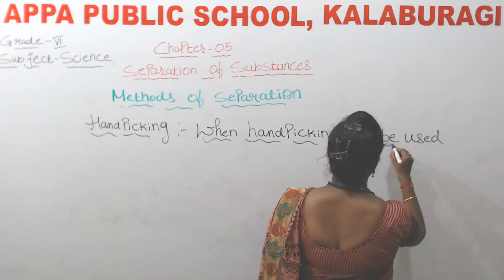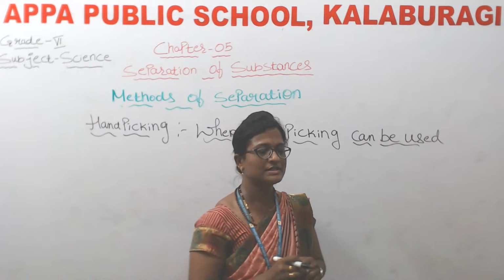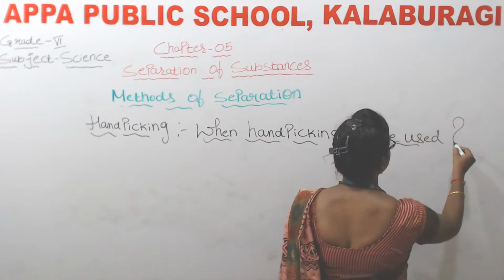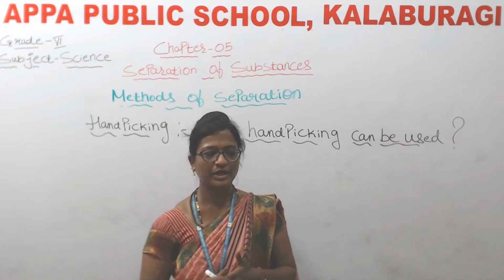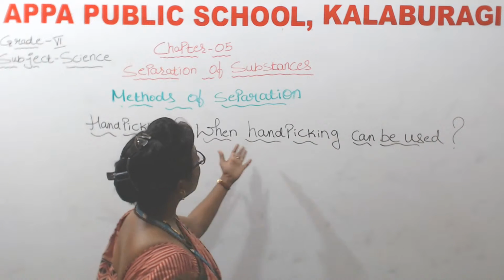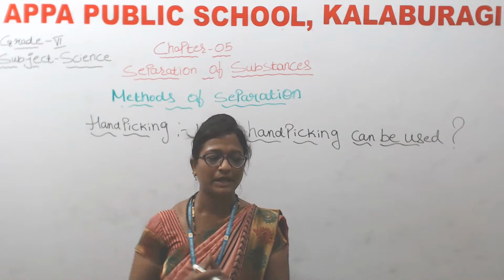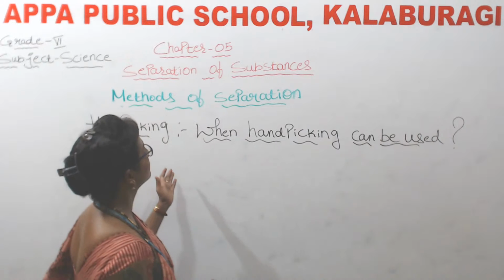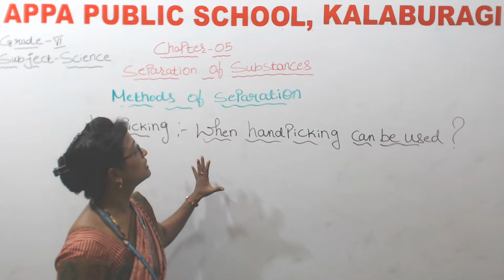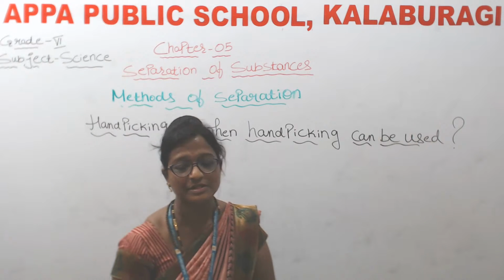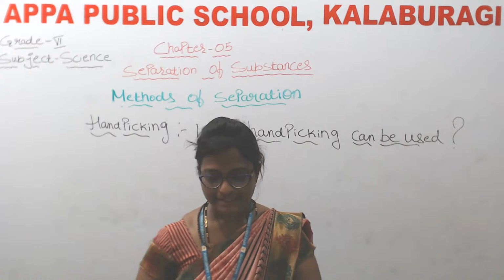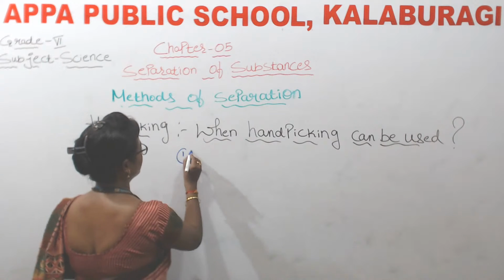Just now we discussed that we cannot separate salt and sugar by hand picking. So if we cannot separate those two small particles, is there any solution for that? When can hand picking be used? Exactly, there is a solution.